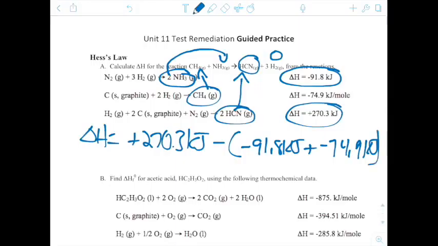And since this is minus a negative, this becomes positive. And we add those together, and we get a delta H value of 437 kilojoules.